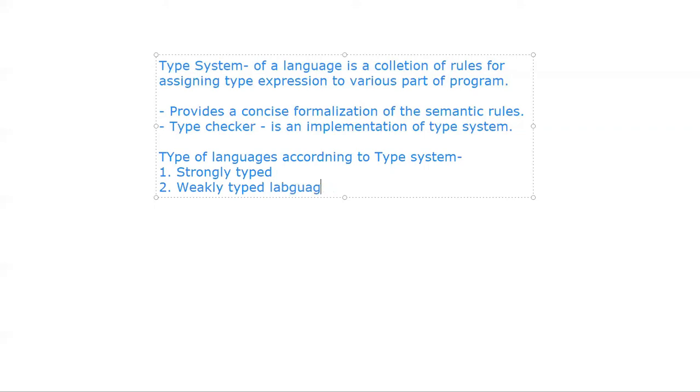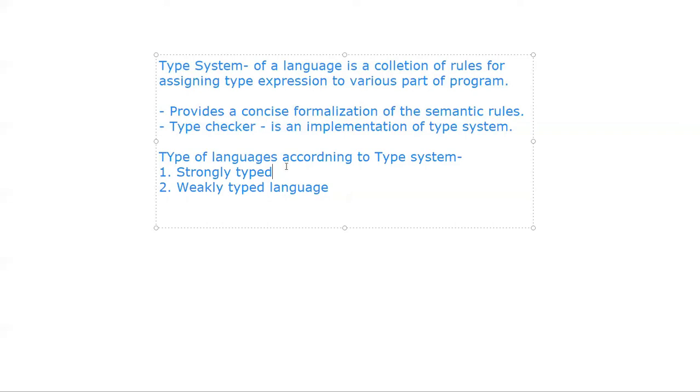If your language is a strongly typed language, then obviously the type checking will be done at static time, right? And generally in the case of a weakly typed language, the type checking can be static as well as dynamic. Most of the time it is dynamic.